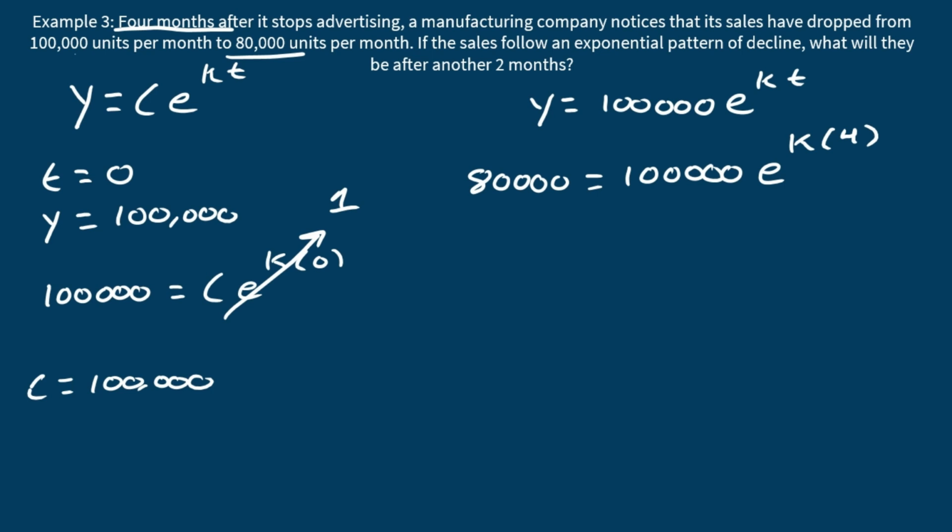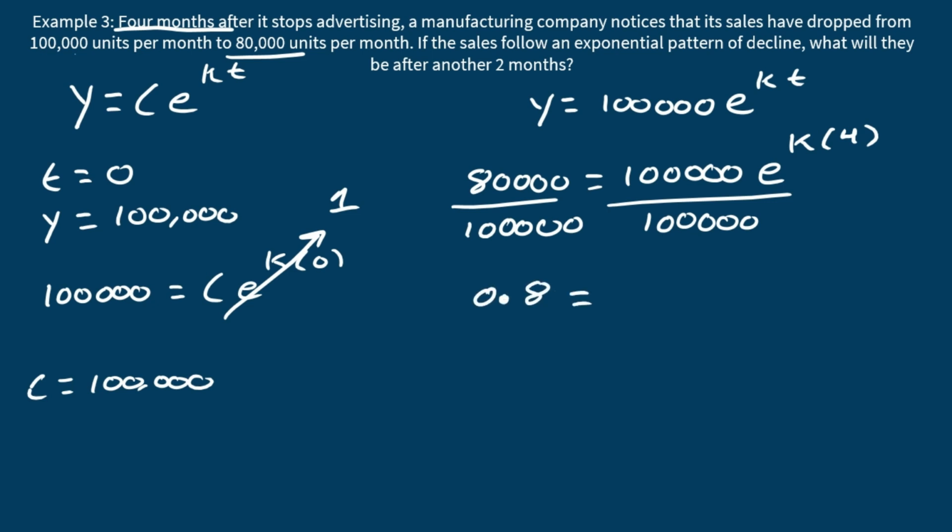And now, when you solve, we're going to divide by 100,000 to both sides. And what we'll get on the left-hand side is 0.8, and that's going to be equal to e to the 4k. And now to solve for k, we take the natural log of both sides. So we have ln of 0.8 is equal to 4k ln of e.